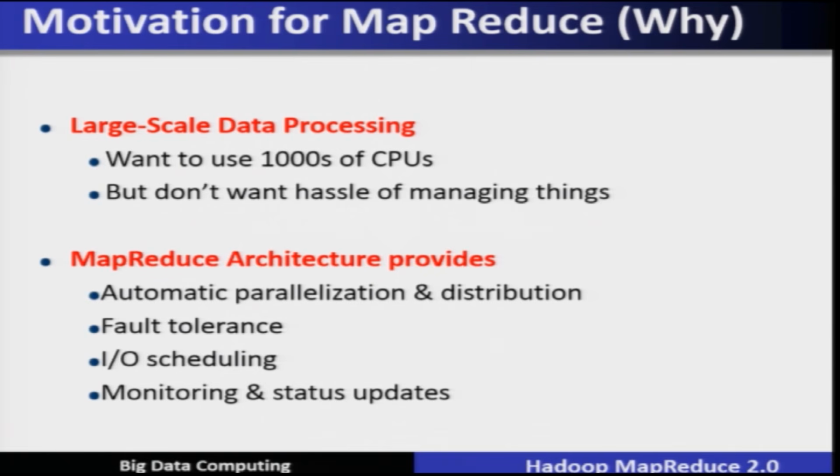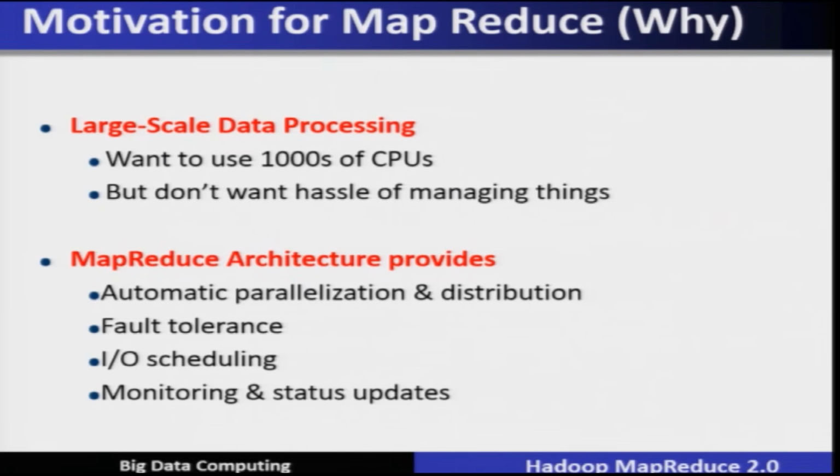If you want to run a program on thousands of CPUs, MapReduce is the only paradigm available, and all the companies looking for large scale data processing use the MapReduce framework, which does all this task.